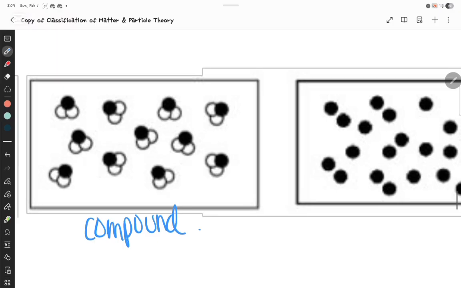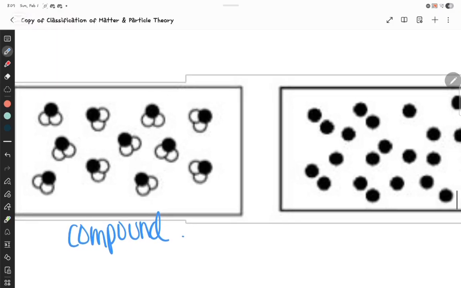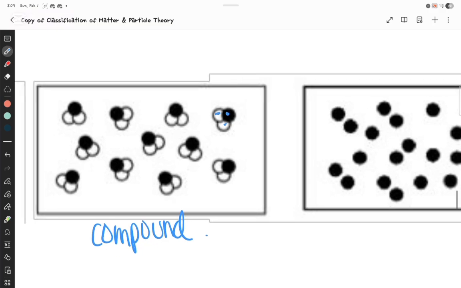It's a compound because we see that it is made up of two or more different types of elements chemically combined.